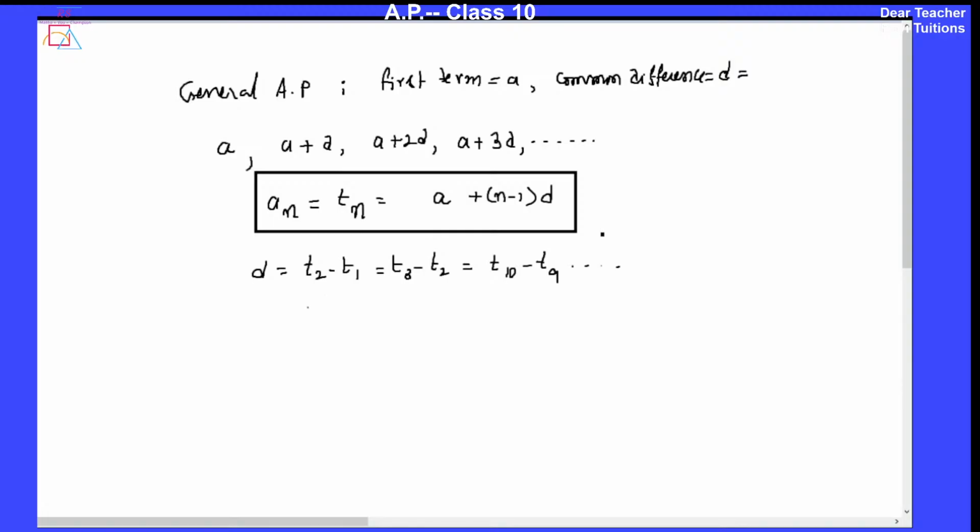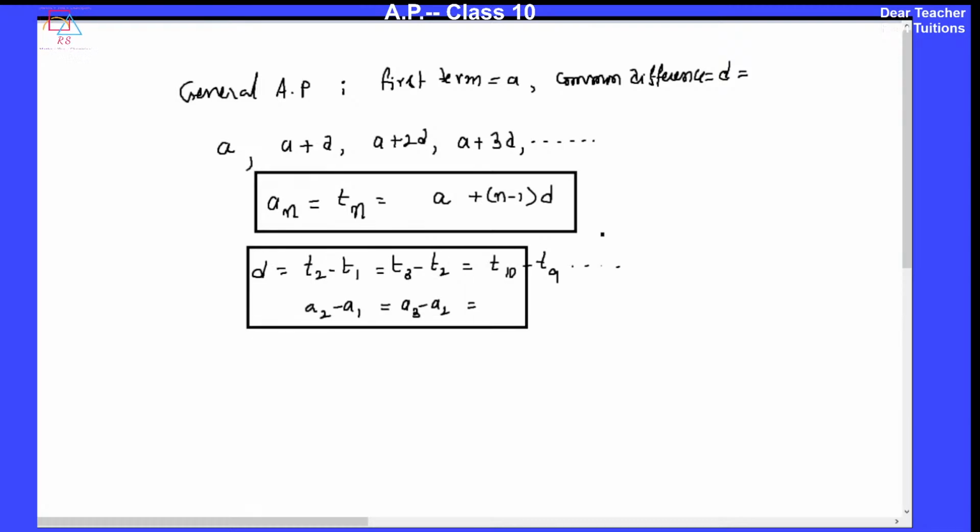In the textbook it might be given like this: A2 minus A1 or A3 minus A2. Whatever notation you have, you can use it. So this is the common difference. Sometimes you may get the common difference in MCQs also, so please remember it.